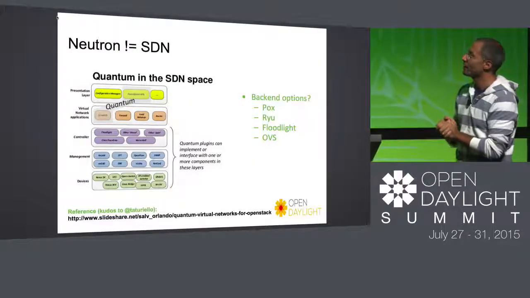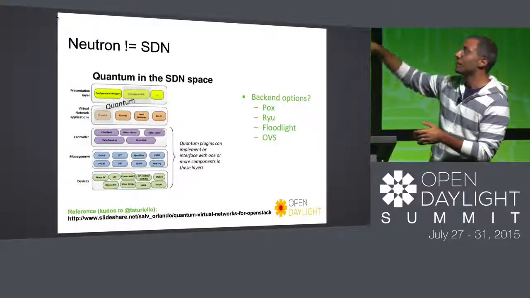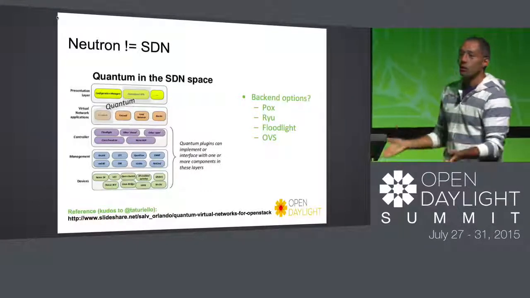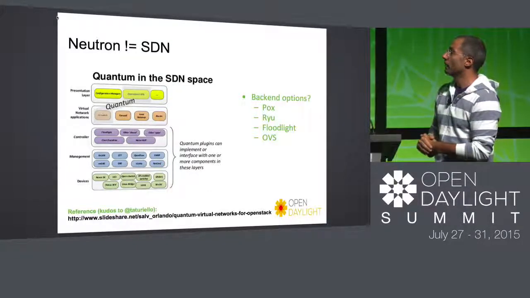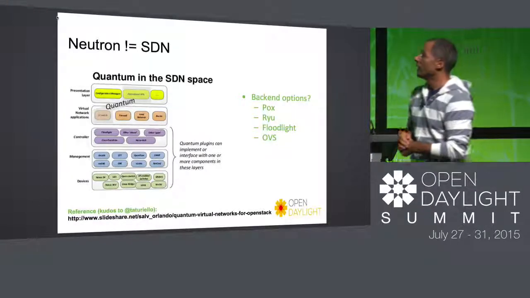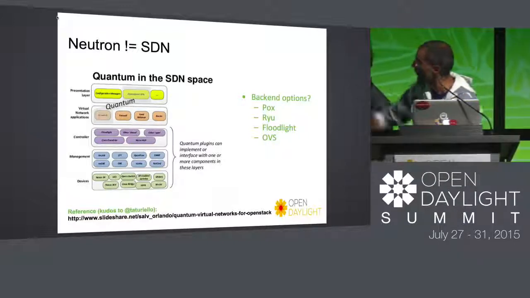Apologize for the quantum reference, but again, I just copied the reference as it came from Salvatore. Neutron sits at the very high level of the stack, and it needs to interact with an SDN controller. Apologize for the quality of the image, but there you have the reference.